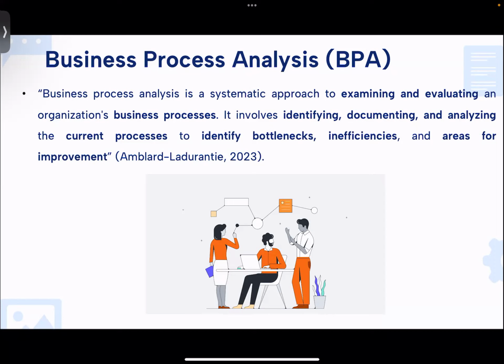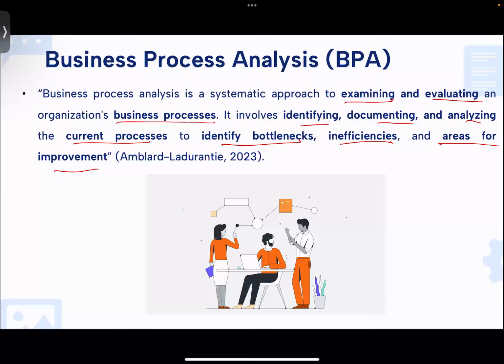Business process analysis is a systematic approach to examine and evaluate an organization's business processes. It involves identifying, documenting, and analyzing the current processes with the intention of identifying bottlenecks, inefficiencies, and areas for improvement. So that is business process analysis.